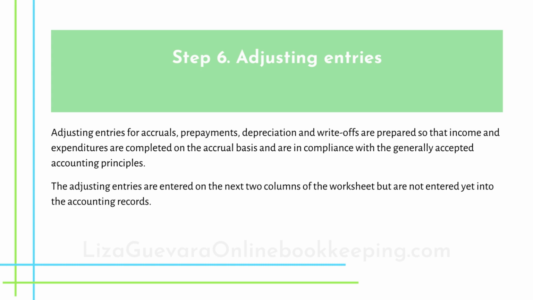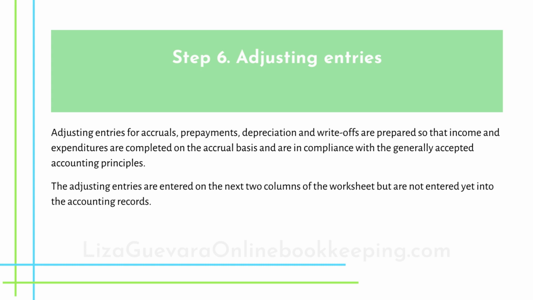The company opted to adopt the straight line method of depreciation. So you divide the value of the equipment, which is 10,000, by 10 years. So you will have a depreciation of 1,000 each year.